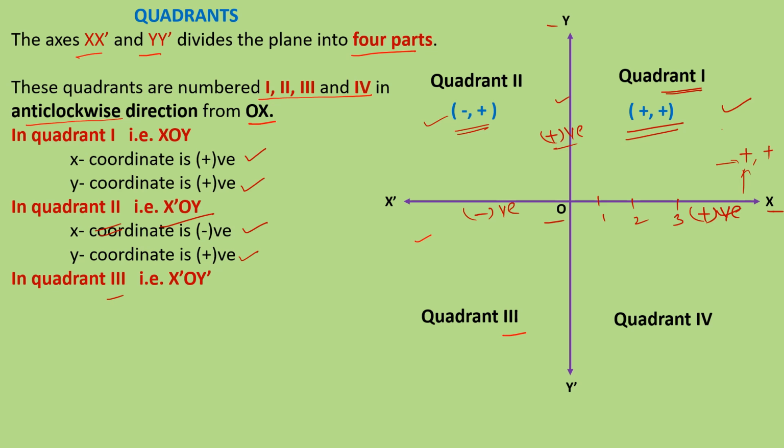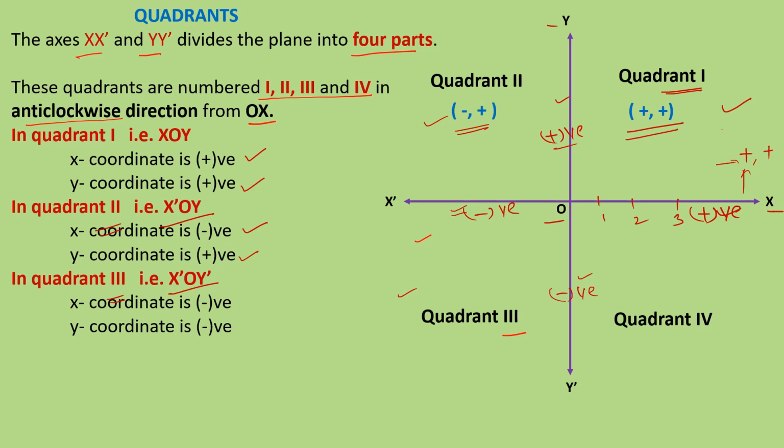Now in quadrant number 3, that is X'OY'. X'OY' means this. This is X' and this is OY'. Here the x-coordinate is negative and OY' also contains all the negative points.